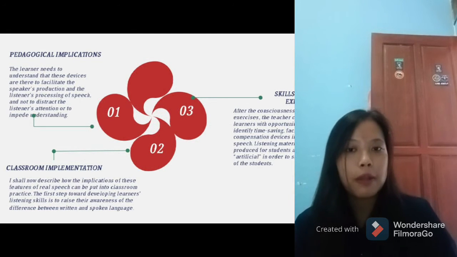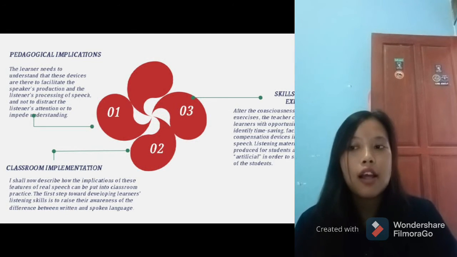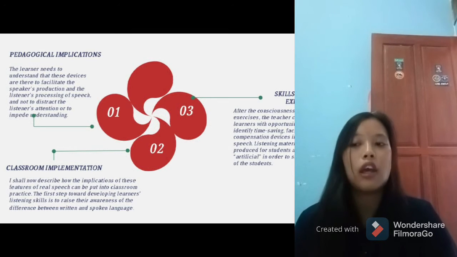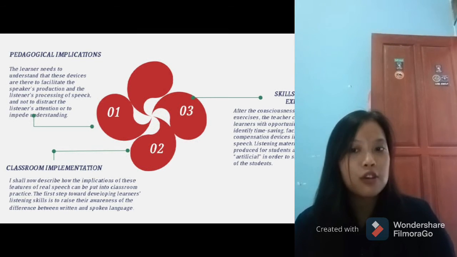Next, classroom implementations. I shall now describe how the implications of these features of real speech can be put into classroom practice. The first step toward developing learners' listening skills is to raise their awareness of the difference between written and spoken language.